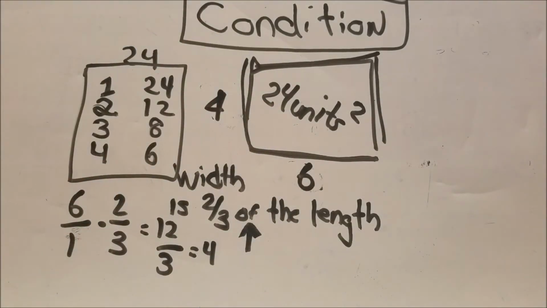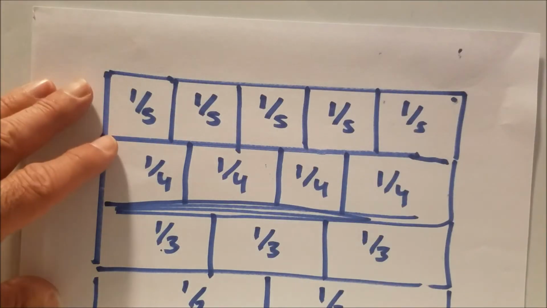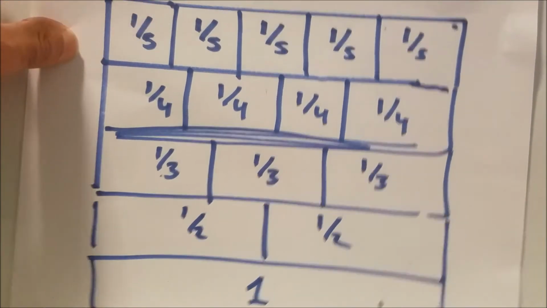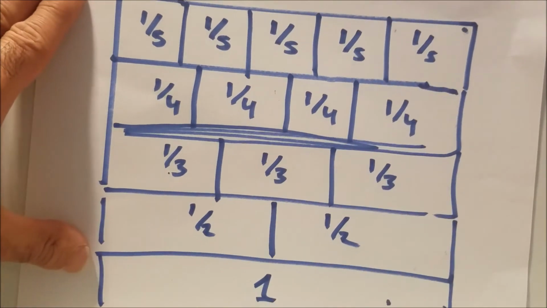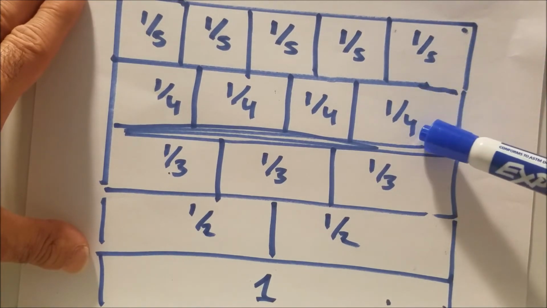So now we're going to do it with fractions. And with fractions, it's a little harder, so we have to use guess and check. Let's look at our fraction bars here. You'll notice that when the denominator is greater, the fraction is actually smaller.